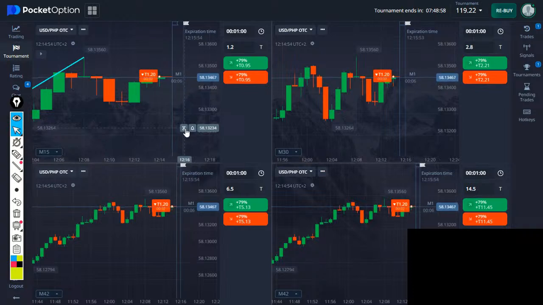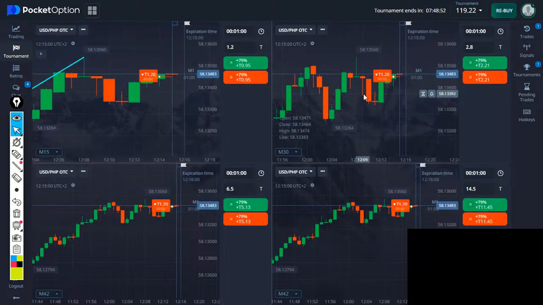If not, we'll go to the second step and double up on our amount for a sell as well. We'll go for a sell.